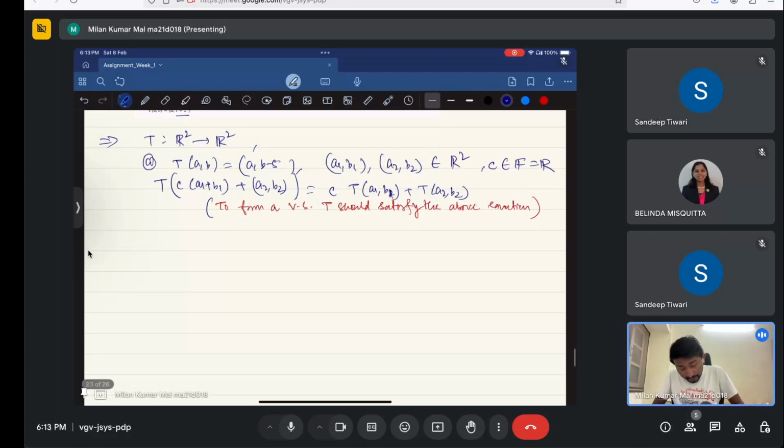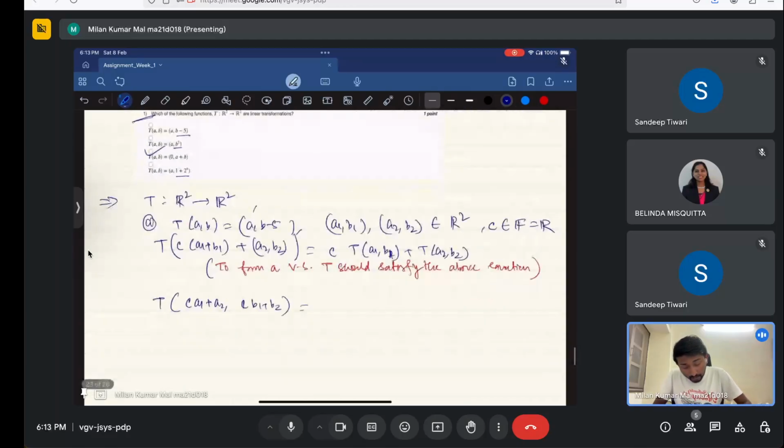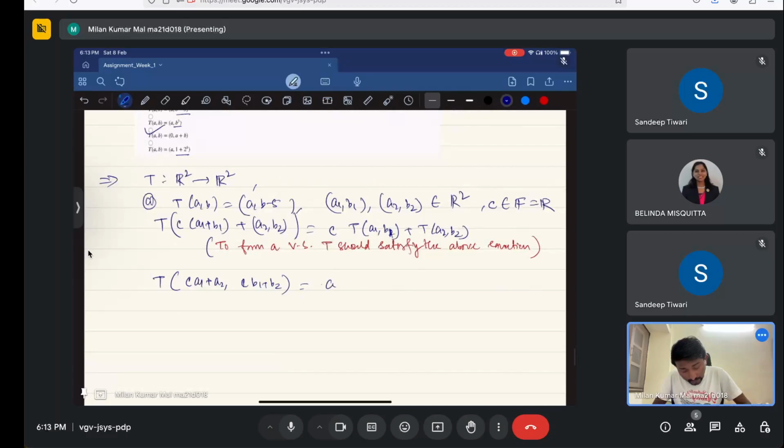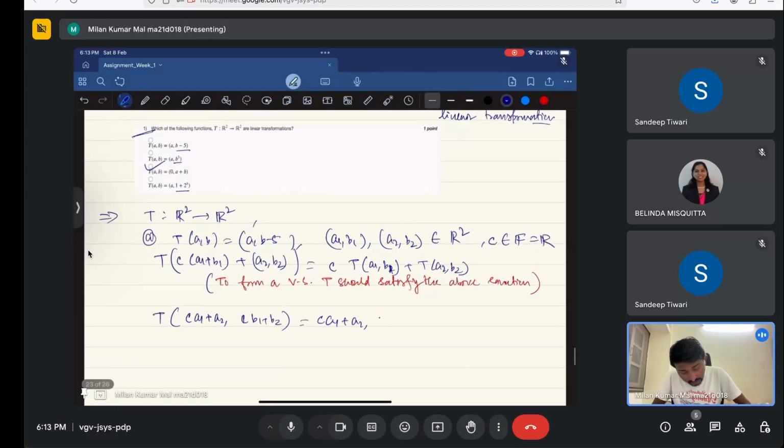But what is happening? On the left-hand side we have (c a1 + a2, c b1 + b2). In the case of A, this equals (c a1 + a2, c b1 + b2 minus 5).